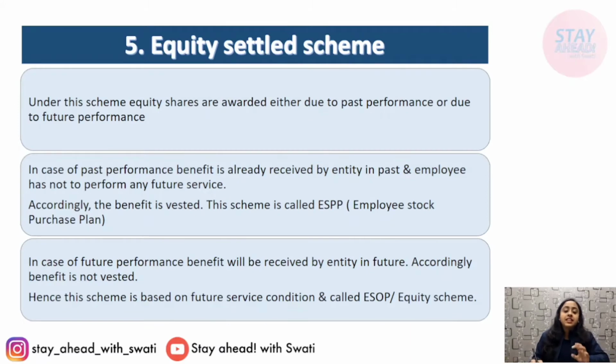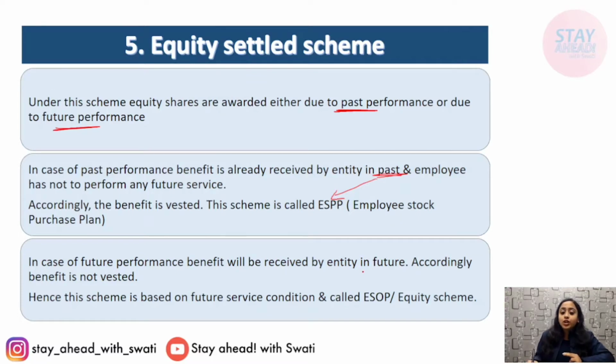Next, the equity settled scheme. It is an equity scheme where shares are allotted either for past performance or for future performance. Whenever it is allotted for any past performance of the employee, it is known as ESPP, Employee Stock Purchase Plan.